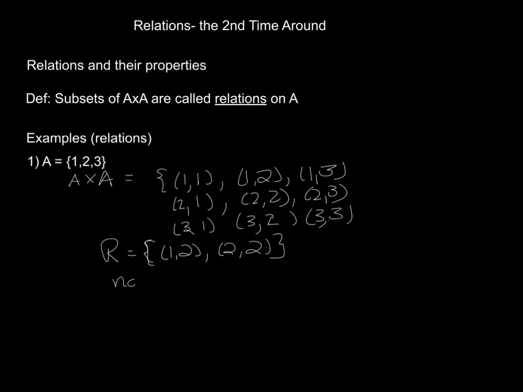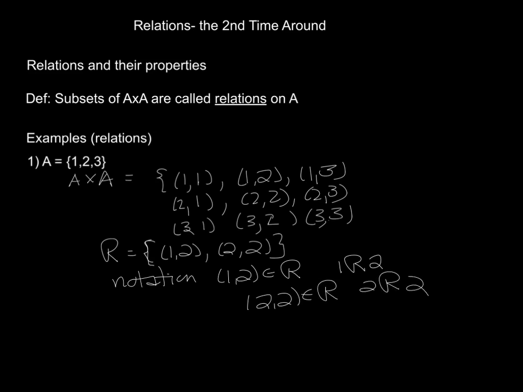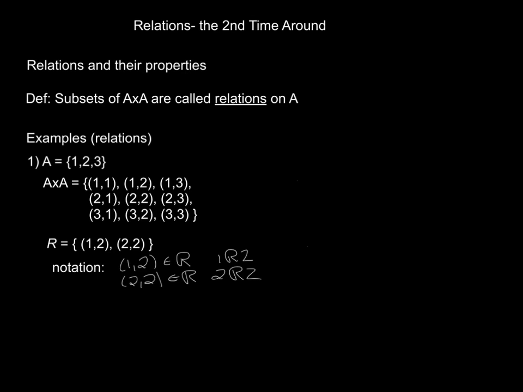And just some notation, we say (1,2) is an element of our relation, or we can say 1 is related to 2. (2,2) is also an element of our relation, and 2 is related to 2. So I just kind of neatened that up with some typing.